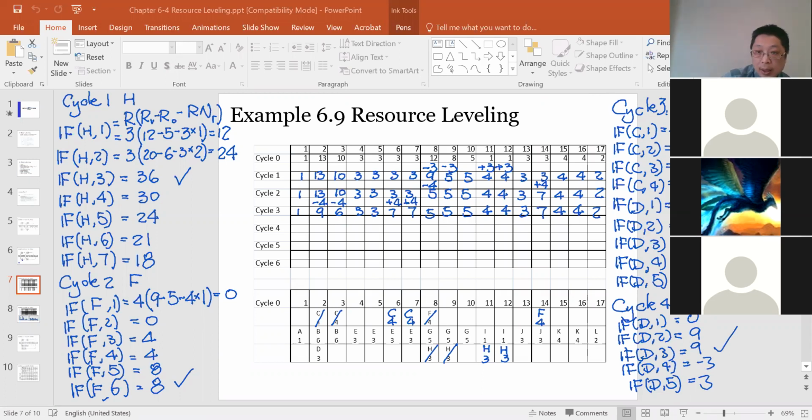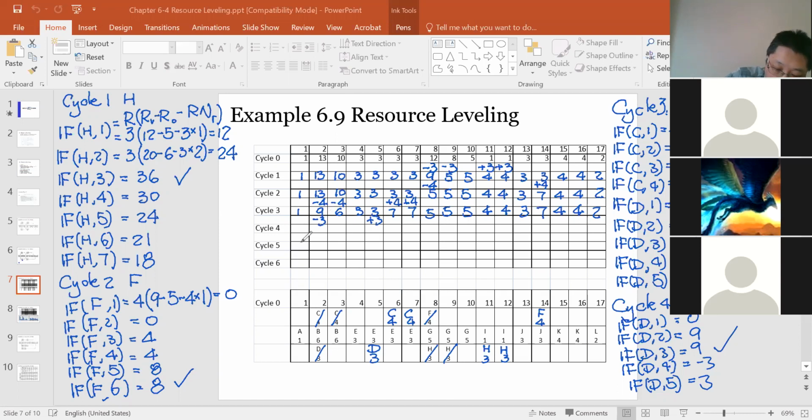So we pick over here, move D by 3 days. So D is shifted, 2 plus 3, shifted over here to D3, and this -3, and over here, this +3.